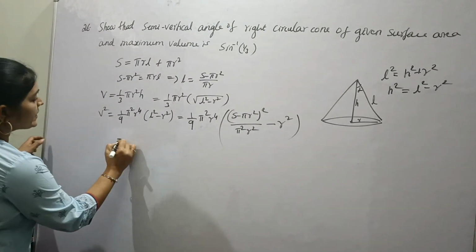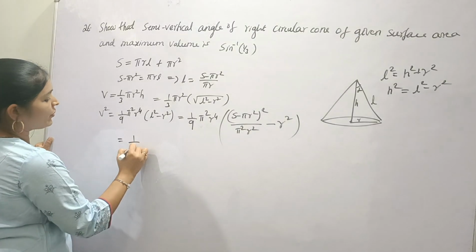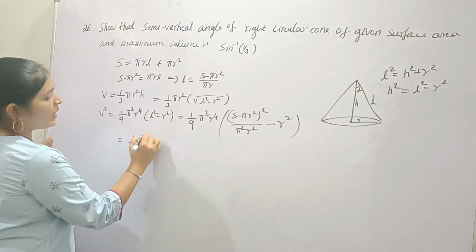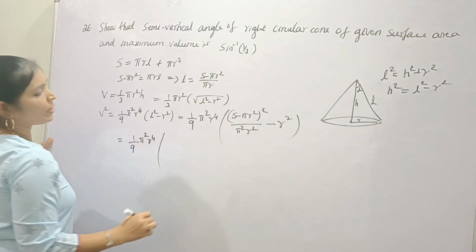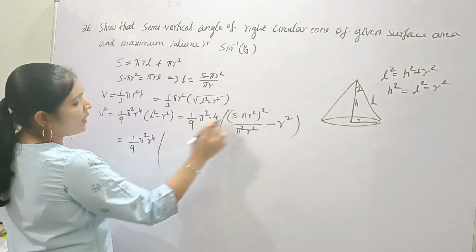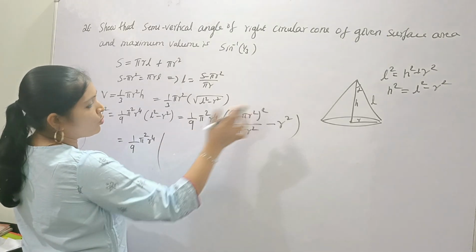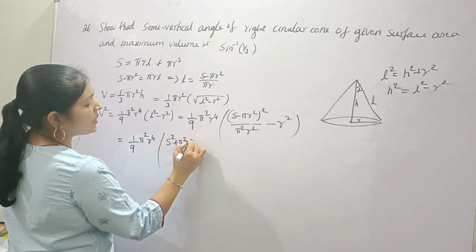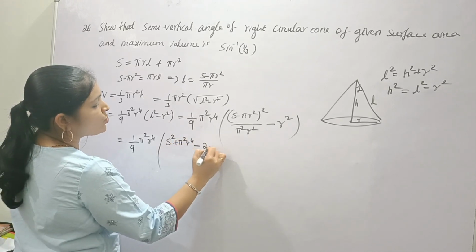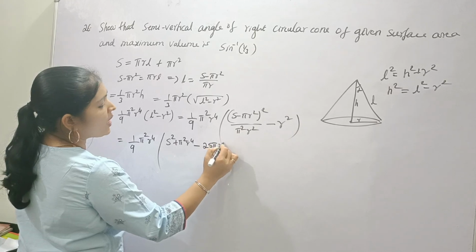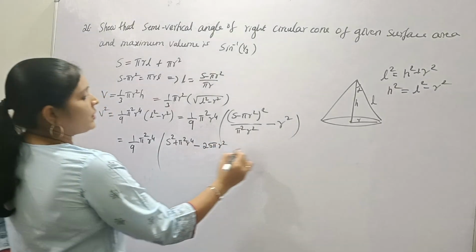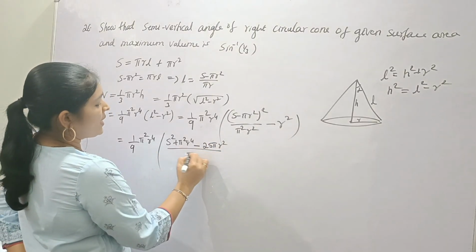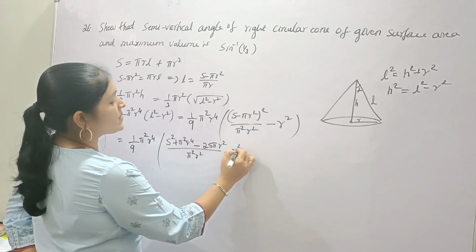Then let's simplify this before differentiating. 1 by 9 pi square R raised to 4 into, let's expand this using a minus b whole square: S square plus pi square R raised to 4 minus 2S pi R square, divided by pi square R square, minus R square.